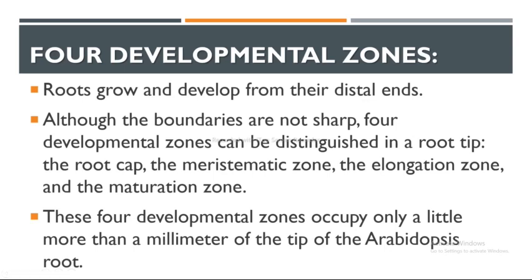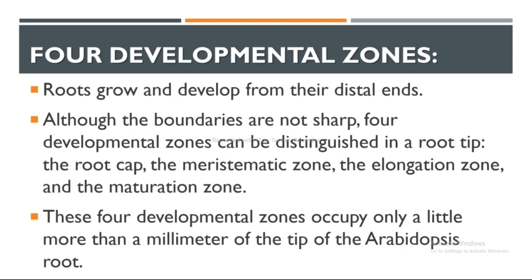Four developmental zones. So the roots grow and develop from their distal ends. Although the boundaries are not sharp, four developmental zones can be distinguished in a root tip: the root cap, the meristematic zone, the elongation zone, and the maturation zone.